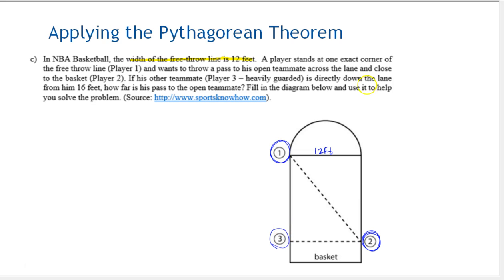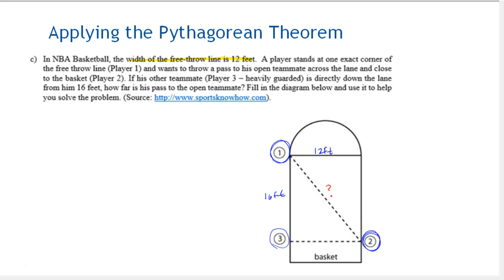But we know that this distance is 16 feet. And we're asked, how far is his pass to his open teammate? So that's person 2.